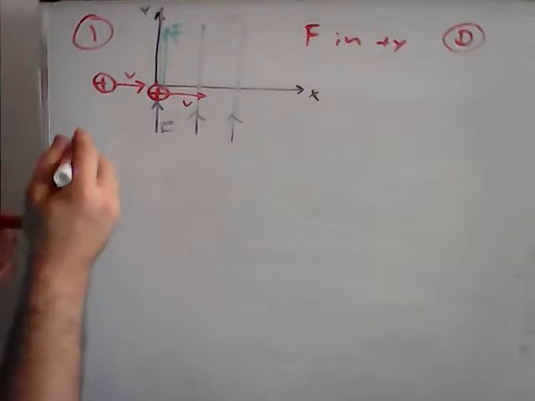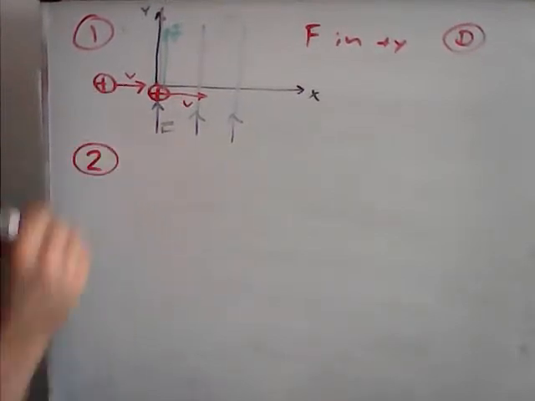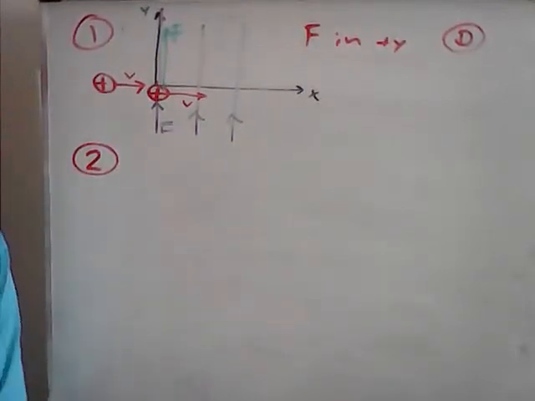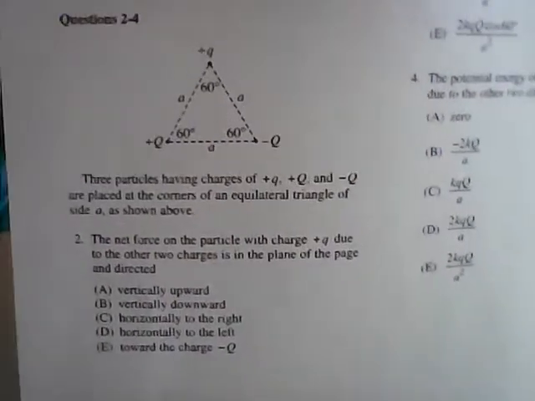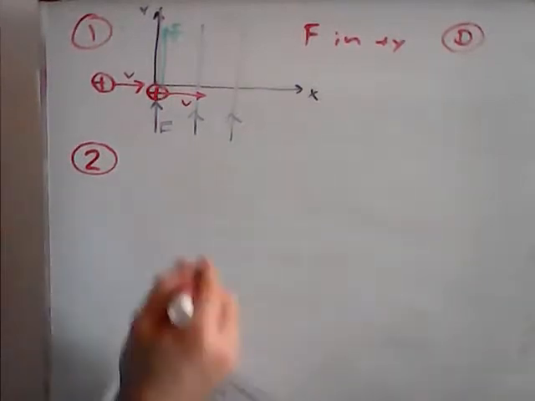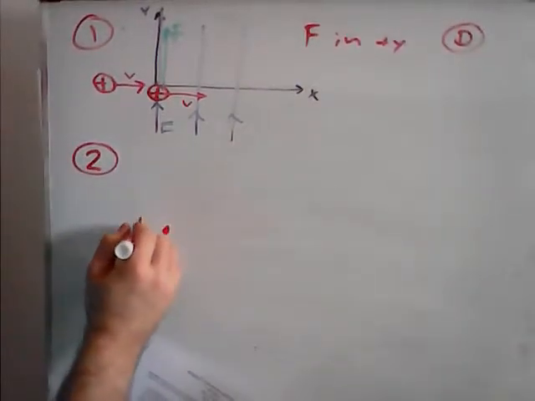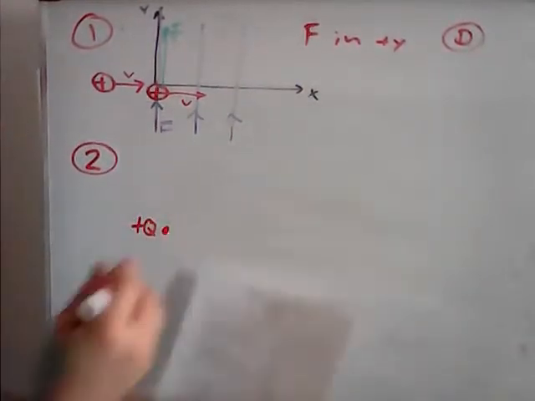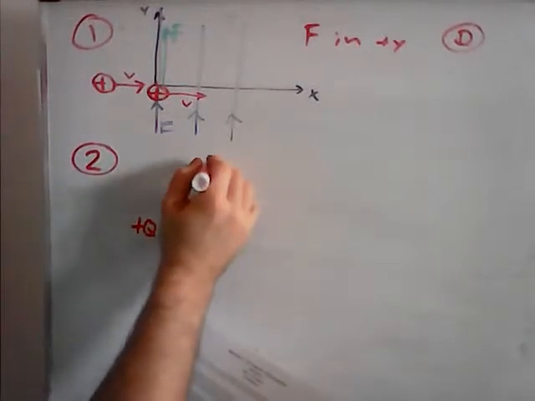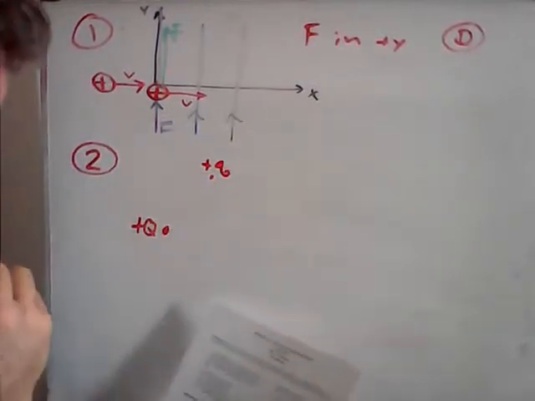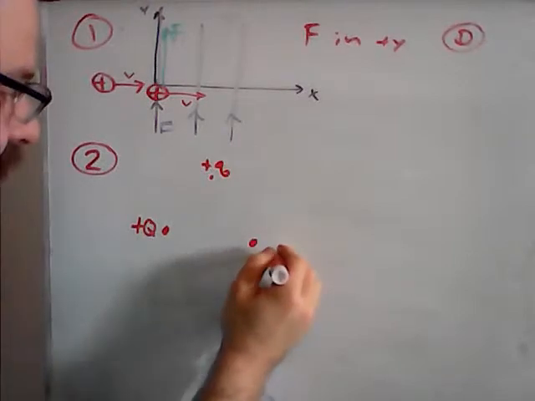Question 2 on the test is about 3 charges. There's the question 2 through 4. First we got to draw this picture, so we're going to replicate it. We've got plus big Q here, then plus little q here, and a minus Q down here.